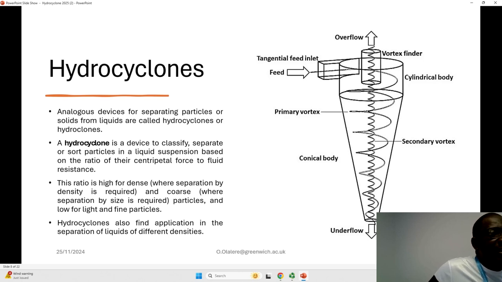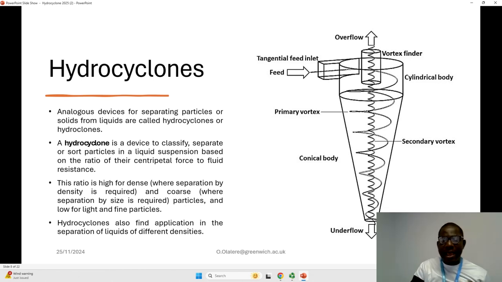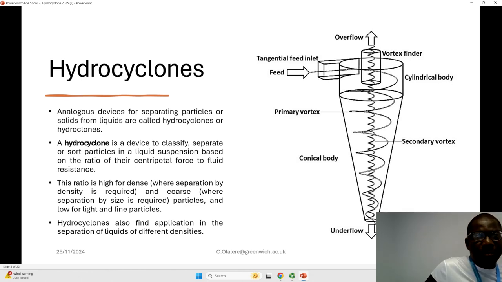Just like a cyclone, it's the same principle. The only thing is that we are dealing more with liquid samples. So the ratio is high for dense, where separation by density is required, and coarse, where separation by size is required. So hydrocyclones also find application in separation of liquids of different density.